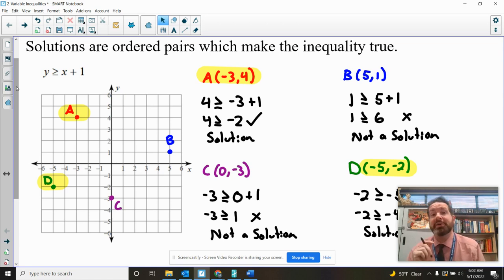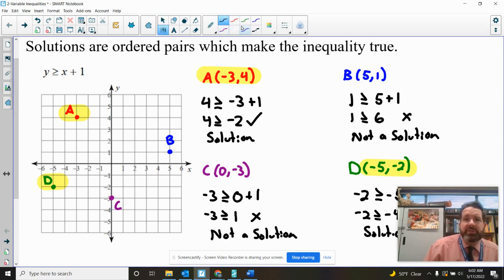It turns out there is a more efficient way. We're going to, just for a moment, pretend that instead of a greater than or equal to, it just says equal to. So just for a moment, we're going to pretend that instead of an inequality, it's an equation. This is going to then graph a line for us.